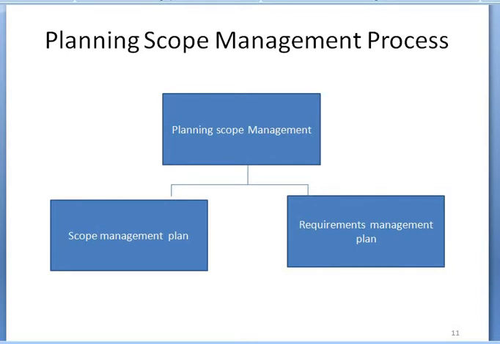So, see here, the planning scope management process is basically divided into two parts: scope management plan and requirement management plan. The scope management plan is formal or informal depending upon the nature of the project.